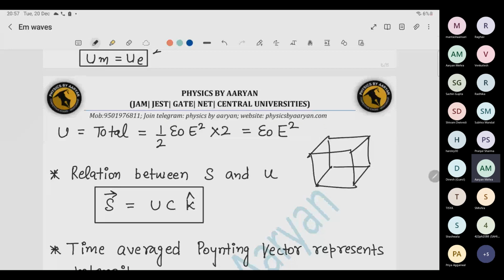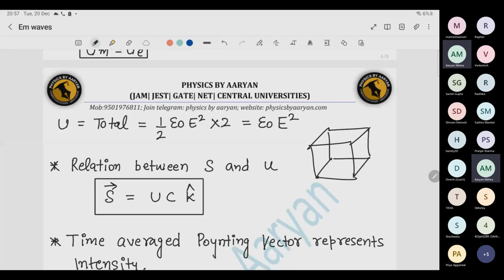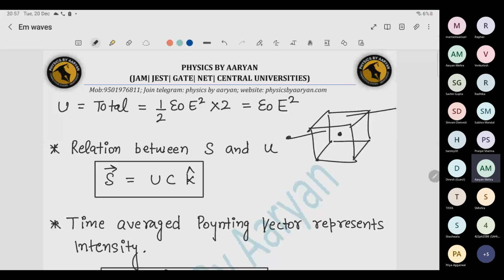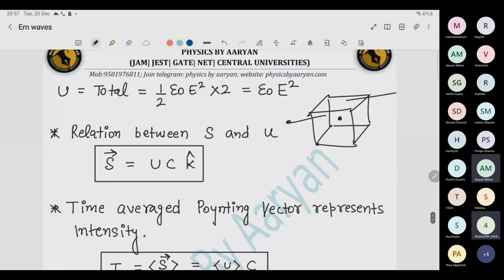Whoever is saying yes, you have to think about it. Is there a light bulb source inside or outside? If it is outside, the EM waves entered and then left, so it will be 0.